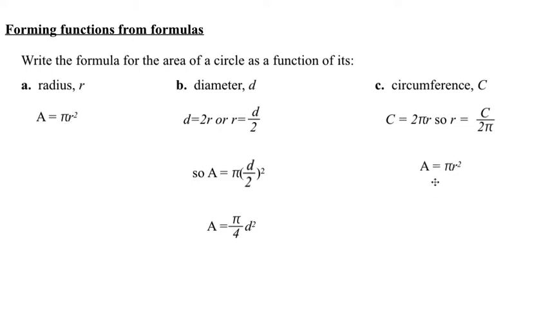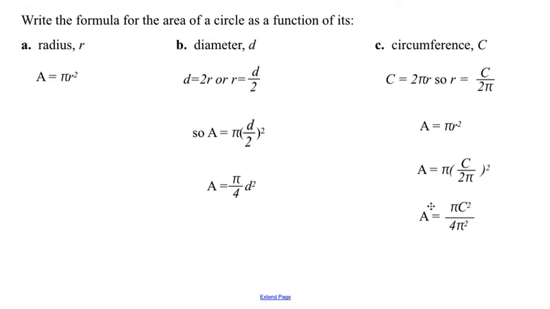So we get area equals pi times r squared. Substituting back in, we get pi times C over 2 pi, the quantity squared. Then simplifying that, we get pi C squared over 4 pi squared, which simplifies further. One of the pi's will cancel, and we get C squared over 4 pi.